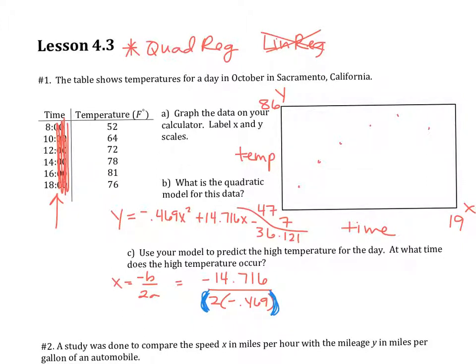If you don't put parentheses around those bottom 2 that you're multiplying, you will not get the right thing. Okay? So negative 14.716 divided by parentheses 2 times negative 0.469, end your parentheses, and you get this number.